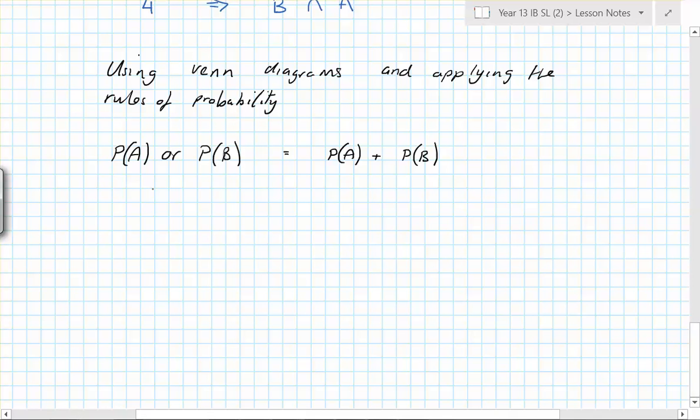So if we had a little Venn diagram, if I had A happening and B happening as two separate things, in this situation they are called what events? Anyone know?